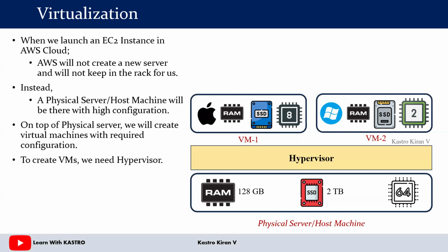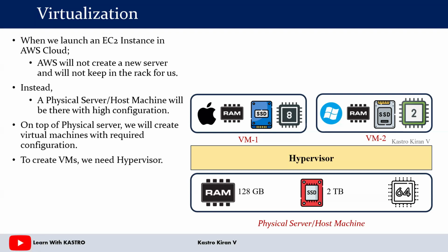It will install it and just allow us to configure the EC2 instances according to our requirement. So technically, in the EC2 service, we don't have to bother about the physical server, and we also don't have to bother about the hypervisor software. These two things will be taken care of by the AWS cloud itself.